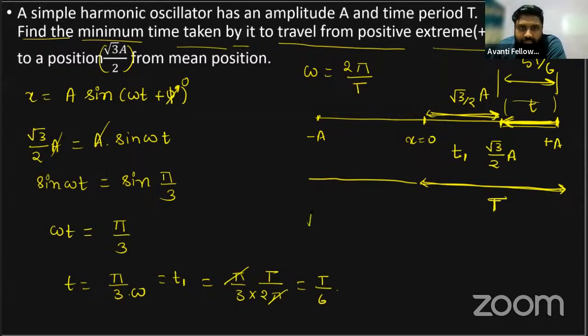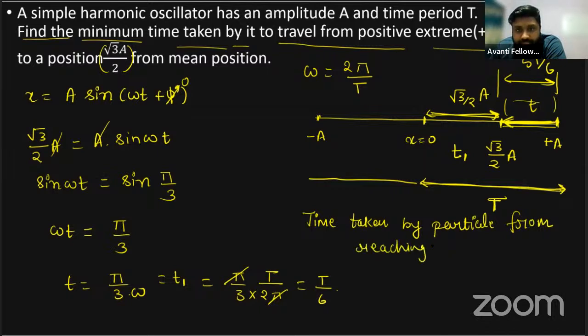So the time taken by the particle from reaching plus A to root 3 by 2 into A is 5T by 6.